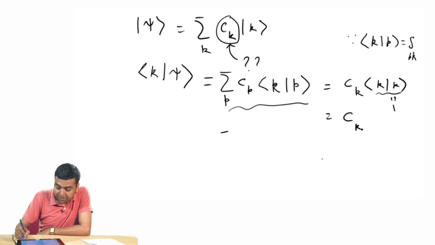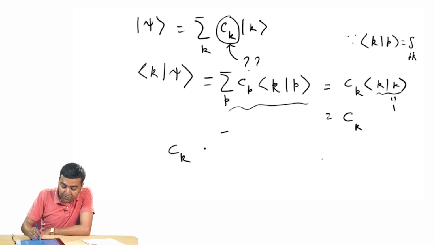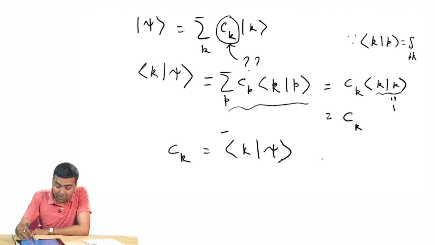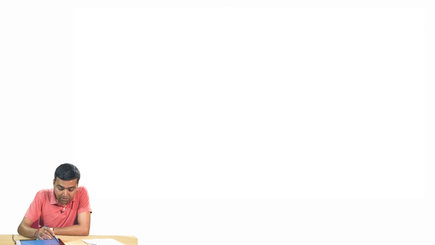So, what I get is c_k. My coefficients are nothing but the projection of |k> on the wave function. The same thing I can write in terms of wave functions as a scalar product, which I will show in the next slide.